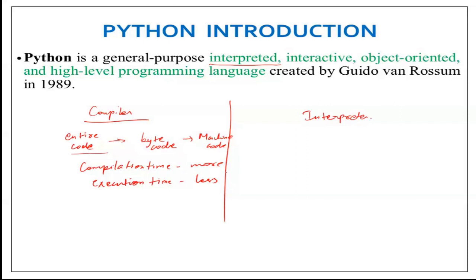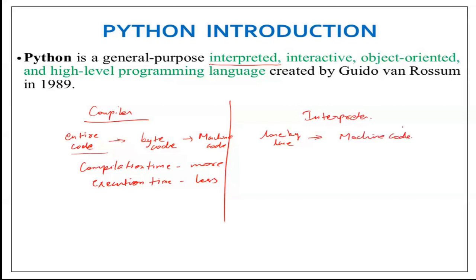When you come to the interpreter, it will take each line, line by line execution. Line by line it will try to convert the code to machine code.